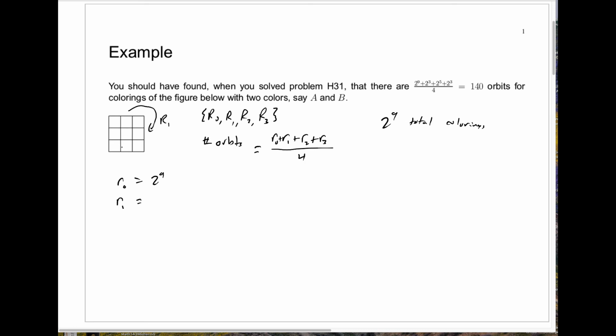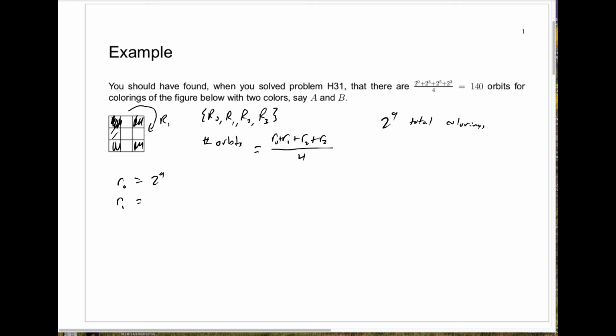So how many colorings are there that stay exactly the same when you apply a rotation of 1 unit, meaning a 90-degree rotation here? Well, to be fixed under R1, we would need whatever color is here to be the same as the color here, here, and here. Because then when we rotate it by 90 degrees clockwise, those stay the same.